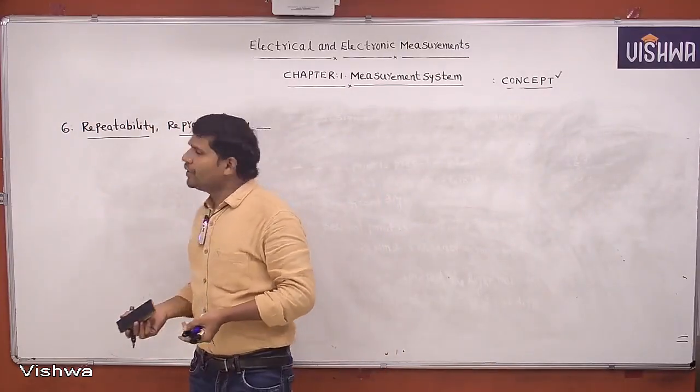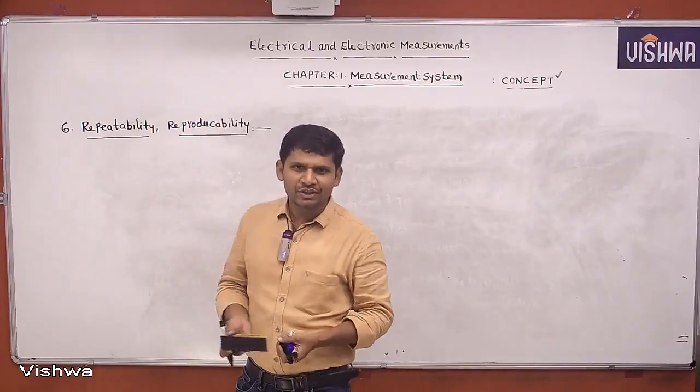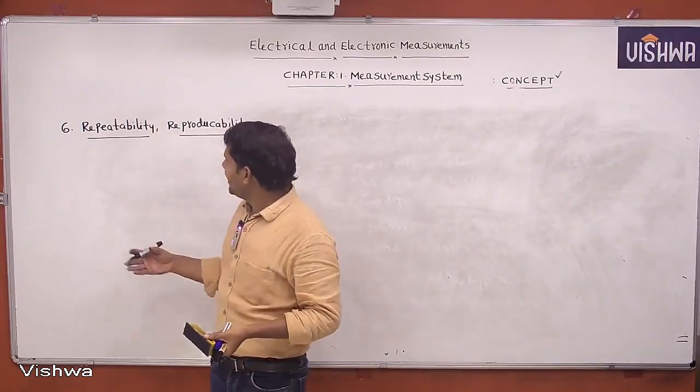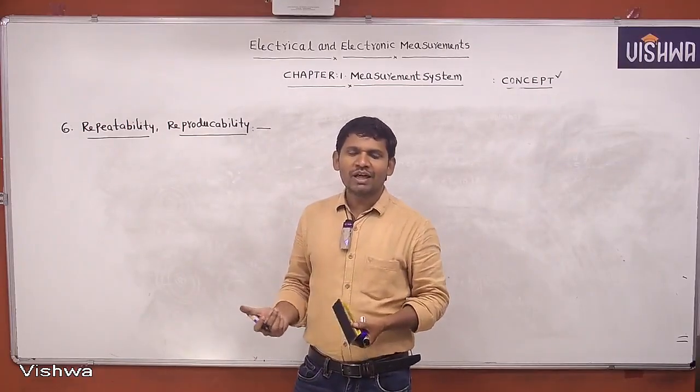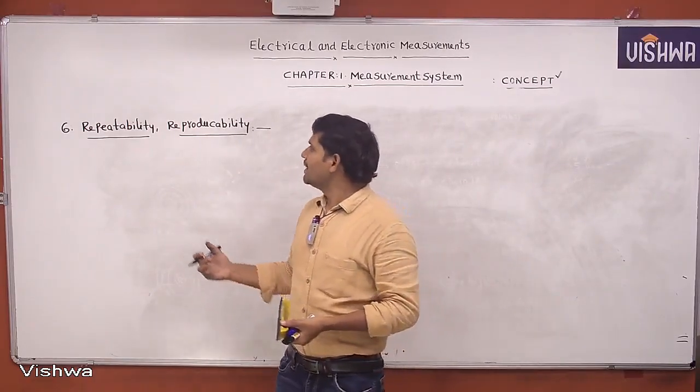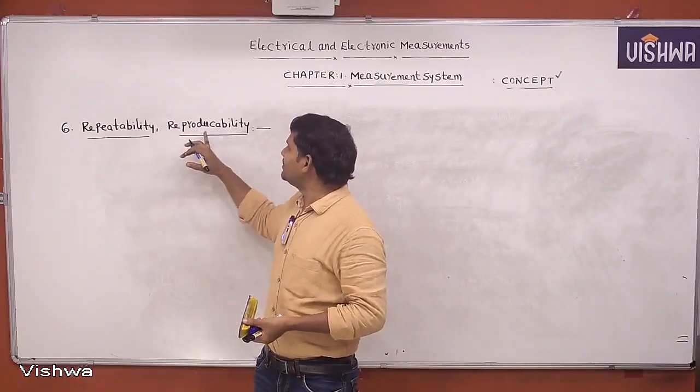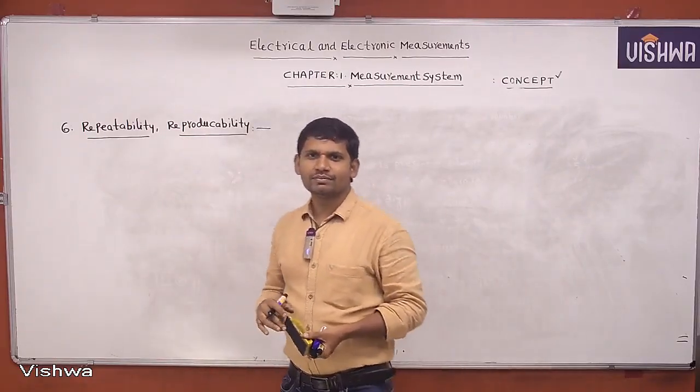Repeatability and reproducibility are both precision indications. The name itself indicates that. Repeatability of an instrument and reproducibility of an instrument, both terms indicate precision. But the concept in repeatability and the concept in reproducibility are different.